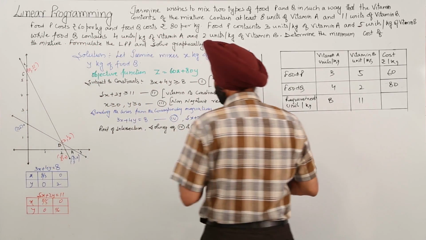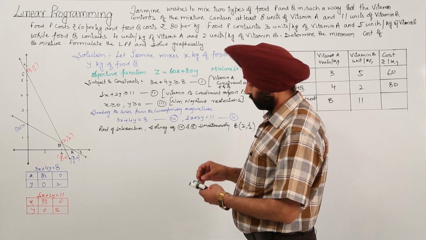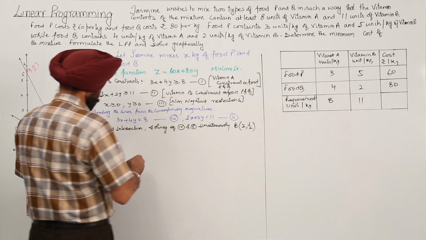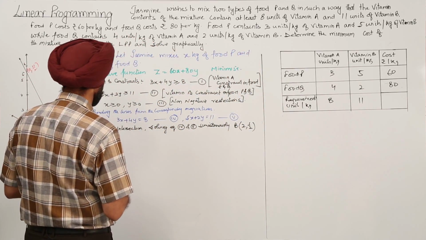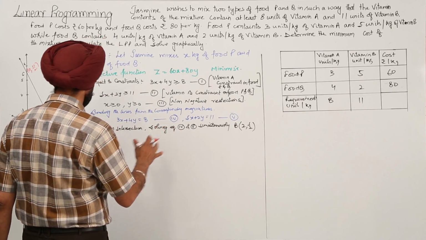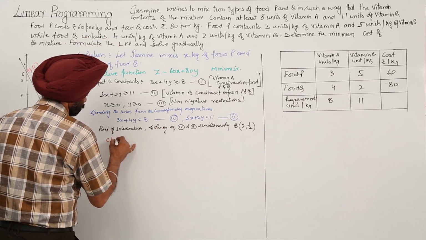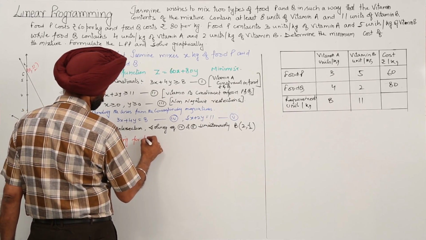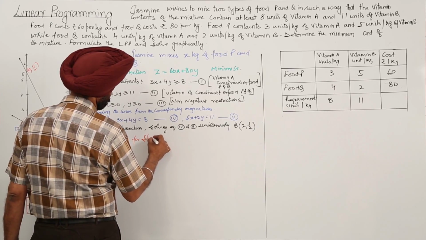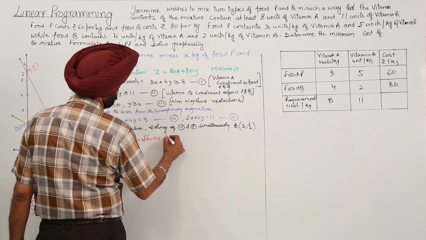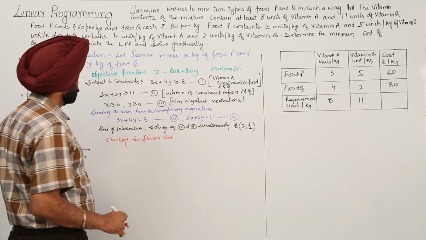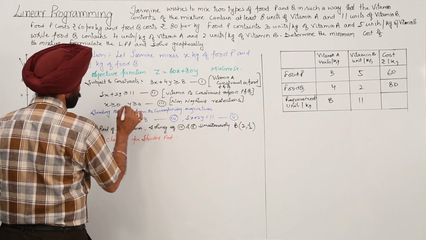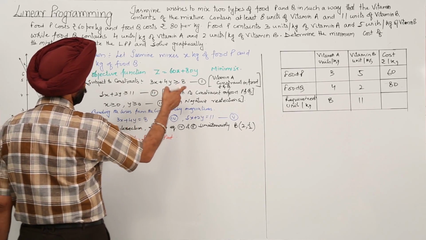Okay. So we have plotted the points. Point of intersection we have got it. Nice. Now checking for the shaded part. Now let us take any two arbitrary points for equation number 1.